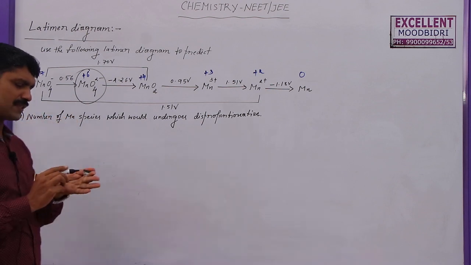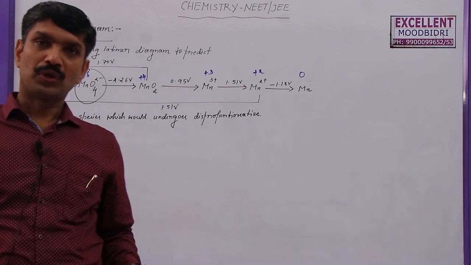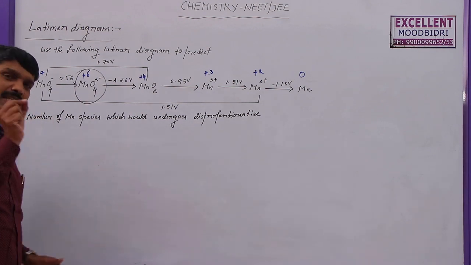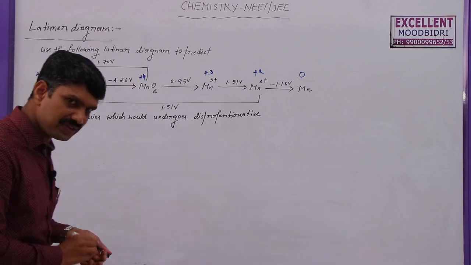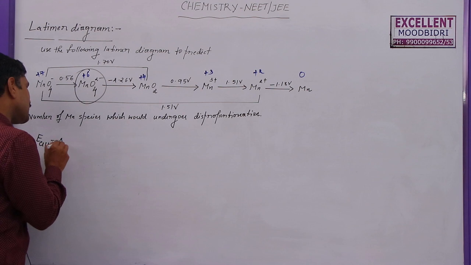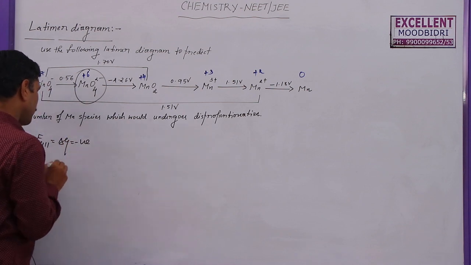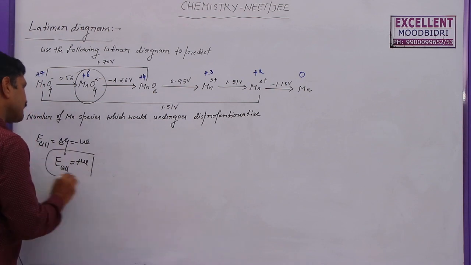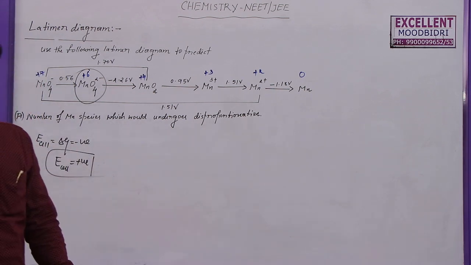But before this, one more concept. We know that for any thermodynamic reaction, any redox reaction to be feasible, delta G must be negative and E shell must be positive. Then only the reaction is feasible, otherwise the reaction is not feasible.